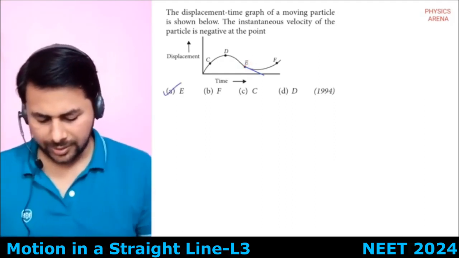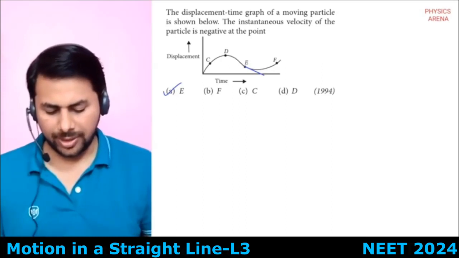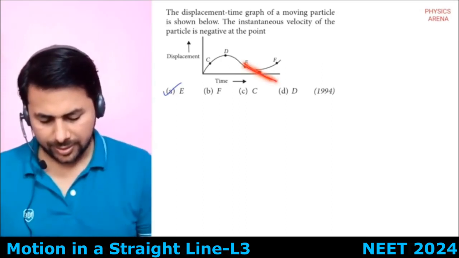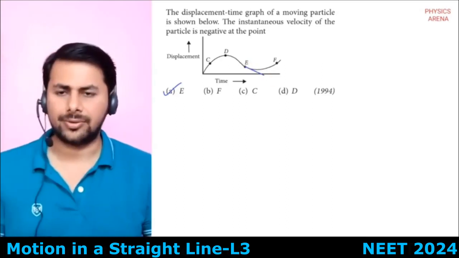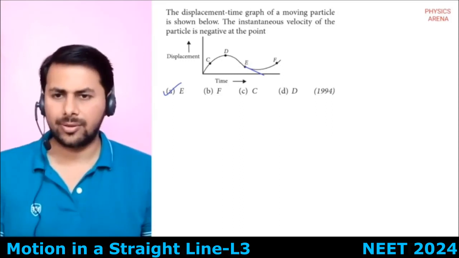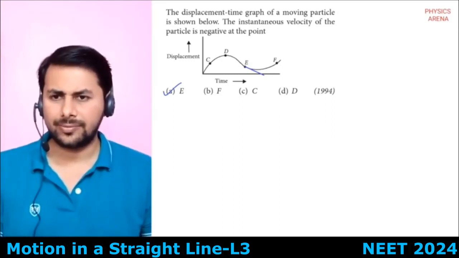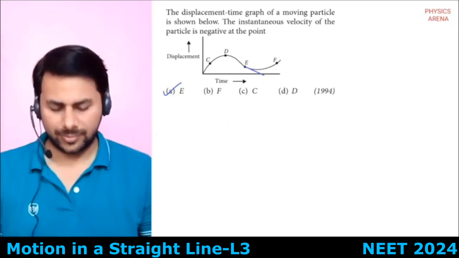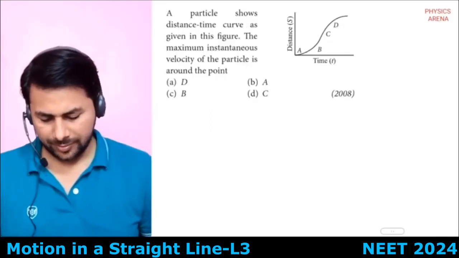So the answer is E. That means the velocity is negative. Right, Ganga? Yes, sir. Okay, next question.